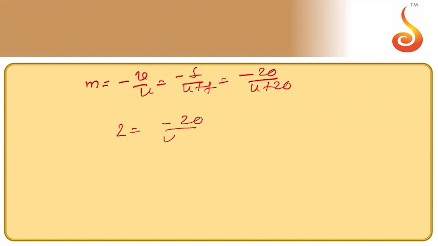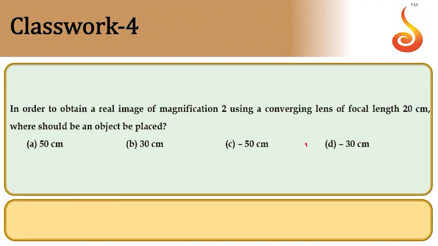So, I have m is equal to minus v by u, giving me minus f divided by u plus f, that is minus 20 divided by u plus 20, or 2 is equal to minus 20 divided by u plus 20, that gives me u is equal to minus 30 centimeter. So, where should it be placed?